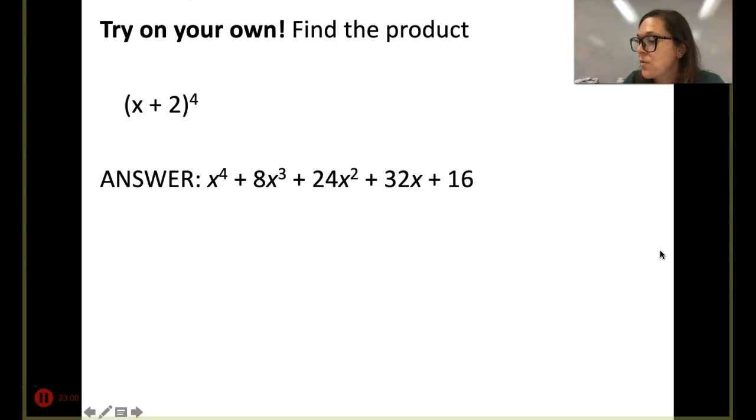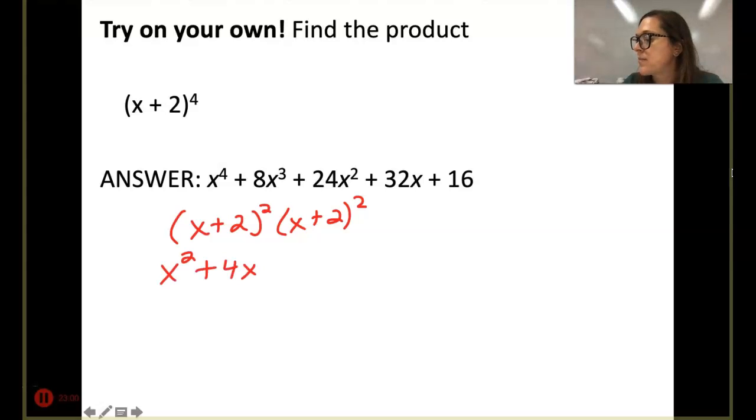So I'm going to use the shortcut method where we have x plus 2 squared times x plus 2 squared. Squaring that first one gets you x squared plus 4x plus 4, which is just that squared. I'm going to make my first half be the x squared plus 4x, and then I'm going to make my second half, let's get a different color, blue, there we go.